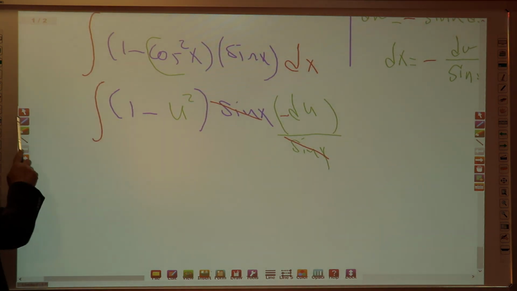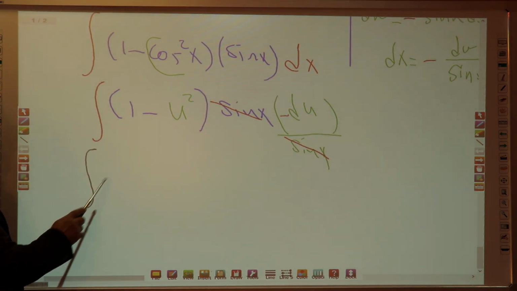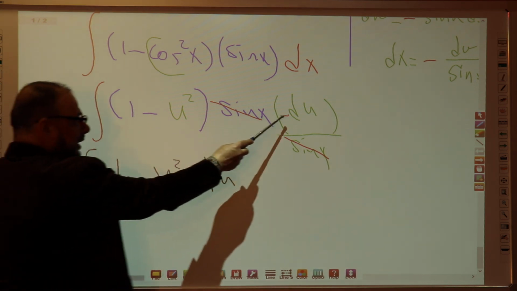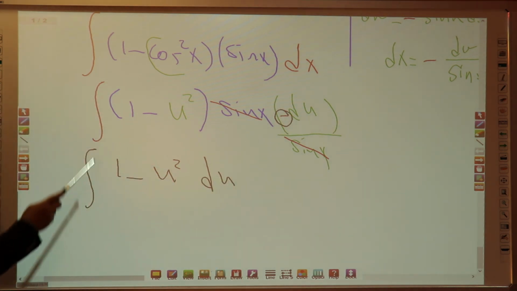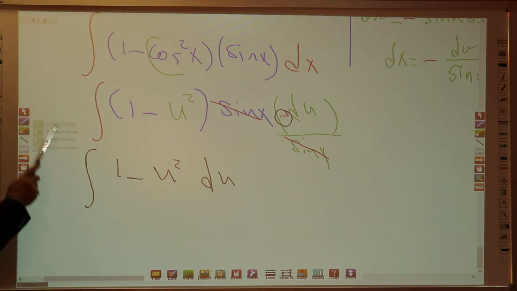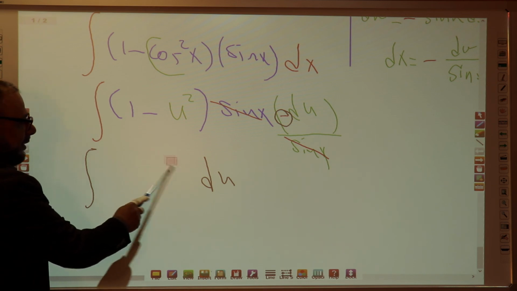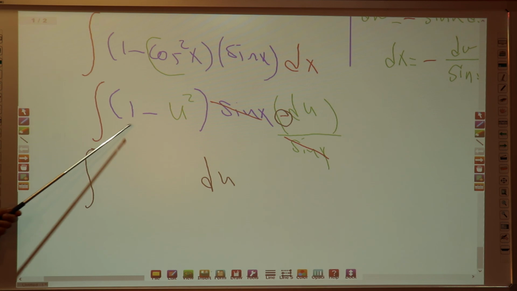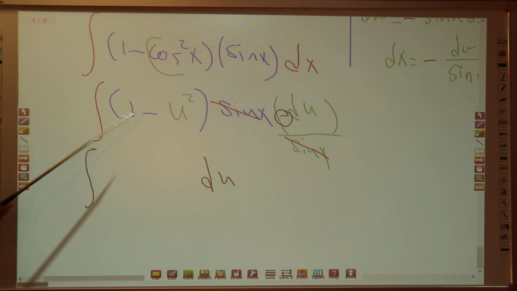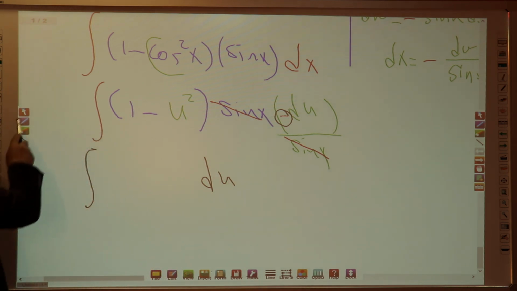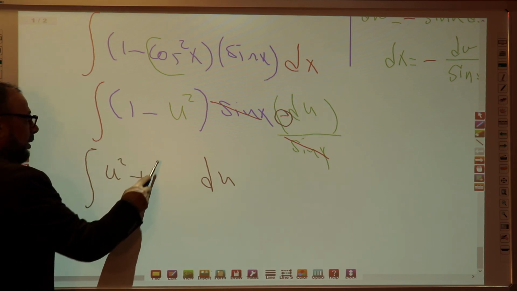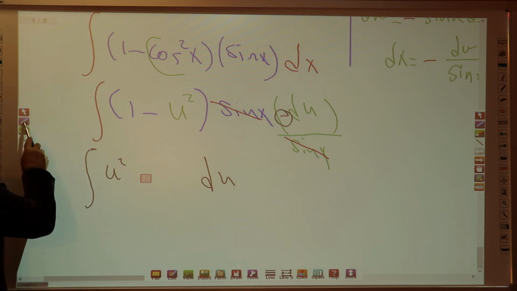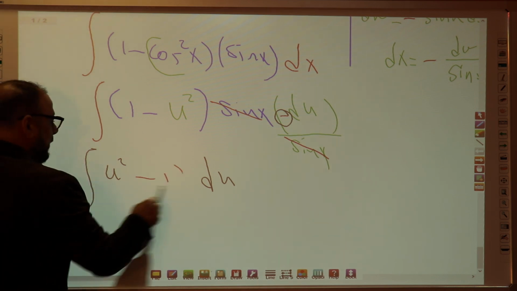Integration of 1 minus u squared du, but did you see this negative? I can play with this negative: multiplying negative 1 and the u squared, I can write it as u squared minus 1 du.